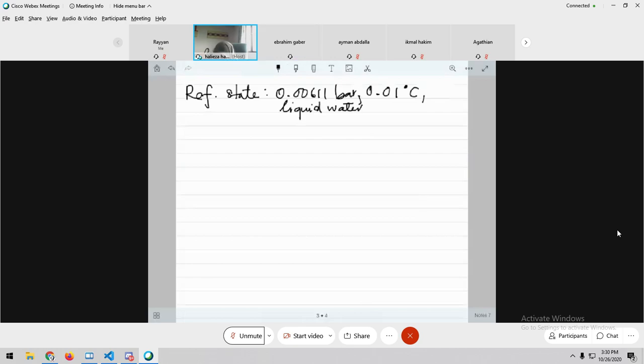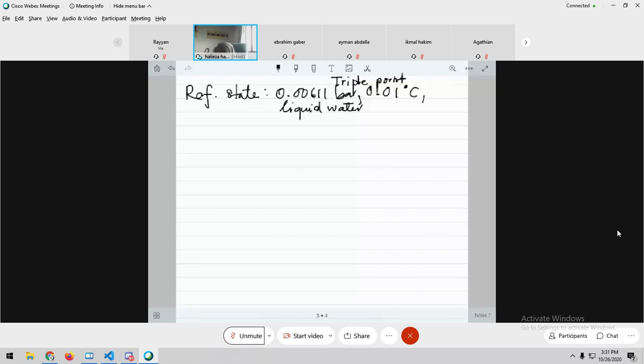The pressure and the temperature are known as the triple point. Your pressure at 0.00611 bar and a temperature of 0.01 is known as the triple point. You can write triple point for liquid water, but if you want to write the whole thing, that's good.